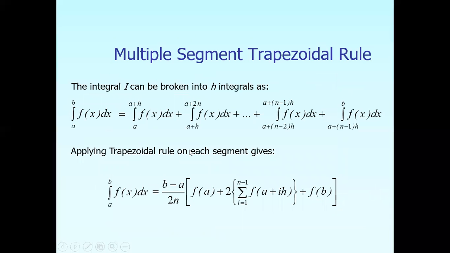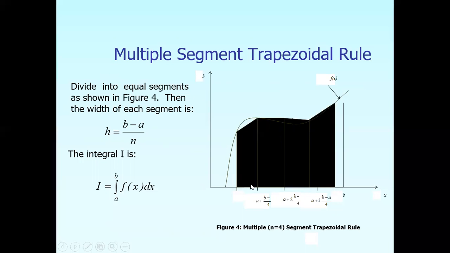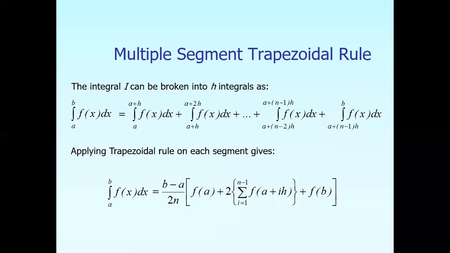Then we can write a to a plus h, a plus h to a plus 2h, up to a plus n minus 2h to a plus n minus 1h. Means the range will be divided into n number of steps.